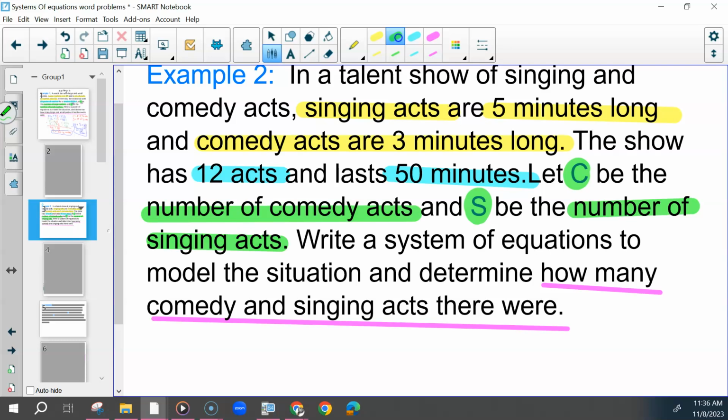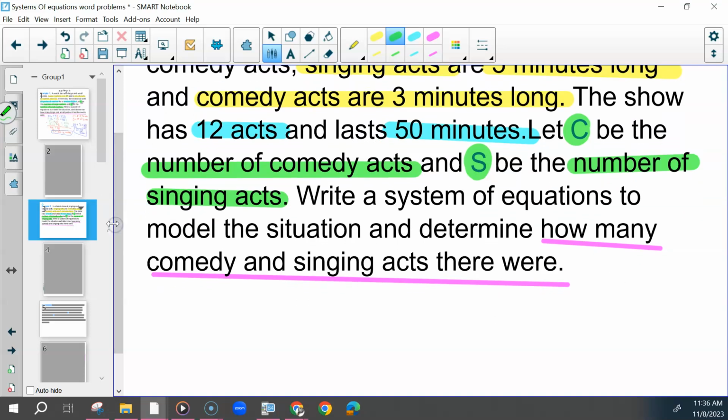Okay, so again, still 2 different things set up the same way in that AX plus BY equals C. But in this case, we're going to use C and S unless you want to change it to X and Y. How would we set up one of these equations? So back to example 1, if need be, look at the numbers. It would be similar, different numbers and letters, but how would I write it?